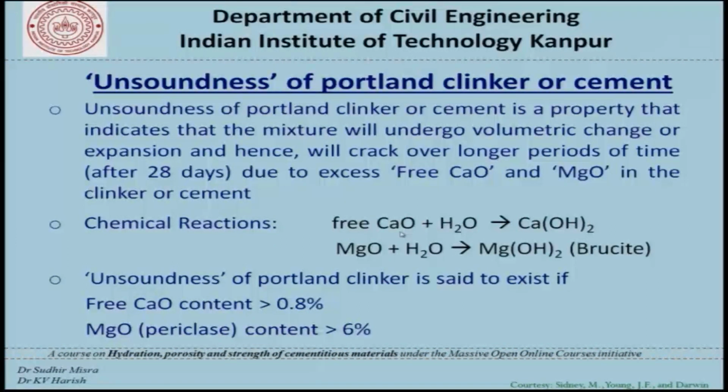Free calcium oxide plus water gives calcium hydroxide, magnesium oxide plus water gives magnesium hydroxide, which is also called brucite. So, these two reactions are expansive in nature and cause cracking in concrete at later stages, and hence we do not want our cement to be unsound. Unsoundness of Portland cement is said to exist if free calcium oxide content is greater than 0.8% and magnesium oxide content is greater than 6%. These limits are specified clearly in Indian standard specifications.